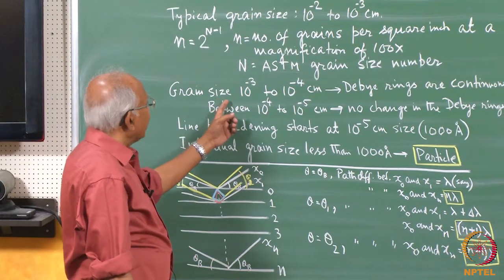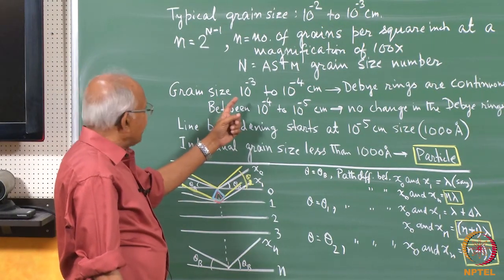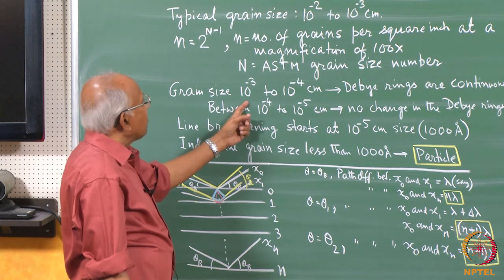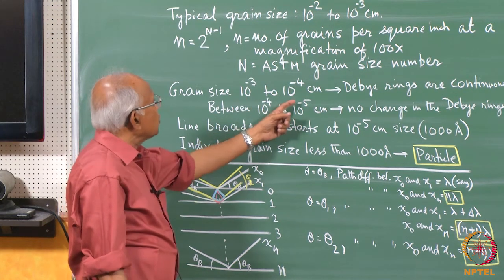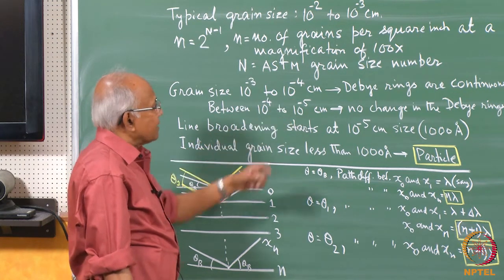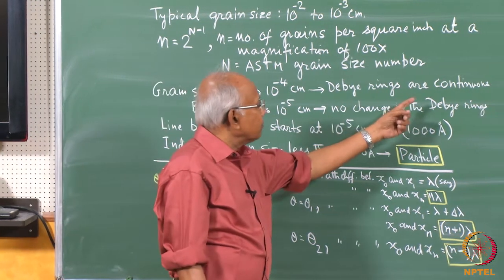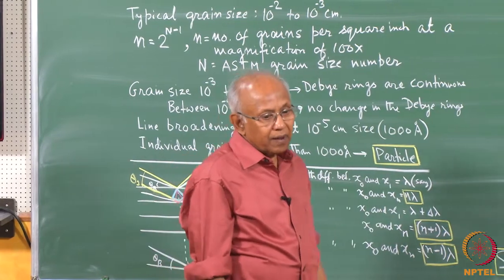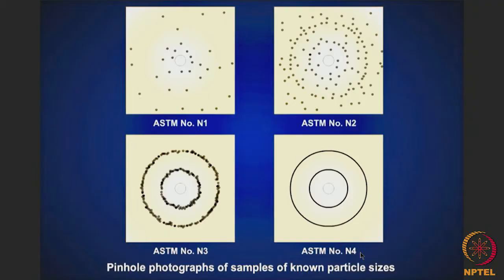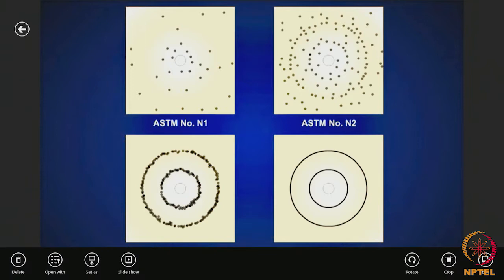When the grain size varies between 10 to the power minus 3 to 10 to the power minus 4 centimeter, we find that the Debye rings become continuous. For example, here if we can see, the Debye rings are quite spotty. Here the Debye rings have not really formed yet.